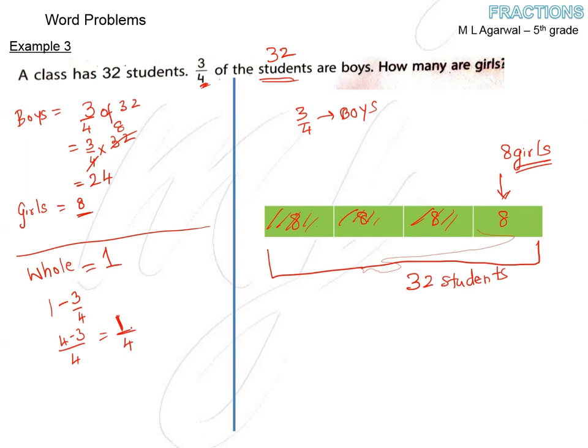So 1/4 girls of 32. So 1/4 multiplied by 32 is 4 8s are 32. So I will get 8 girls. Correct? Whichever way you want, you can solve this word problem. Okay, let us go to another word problem.